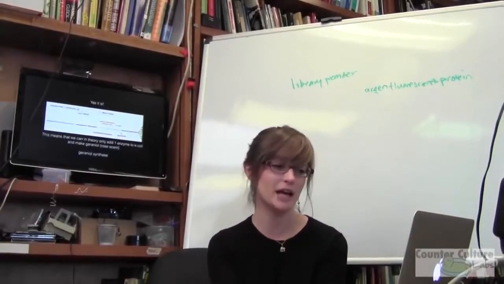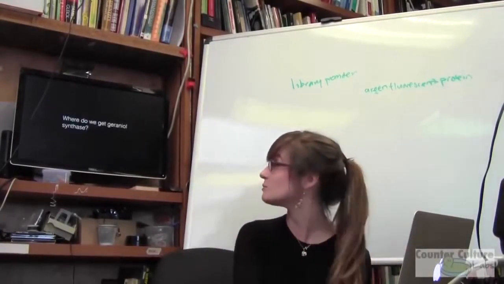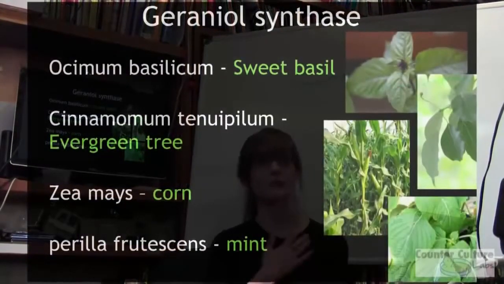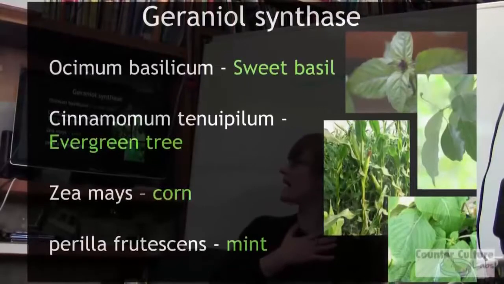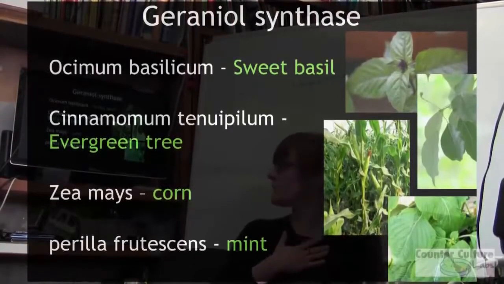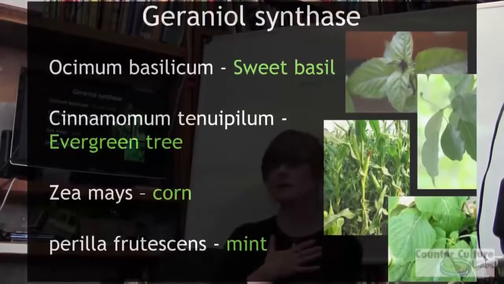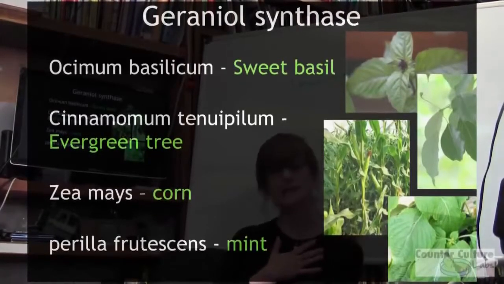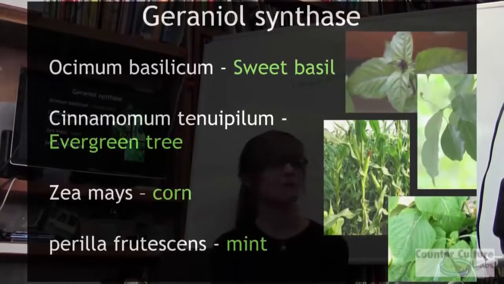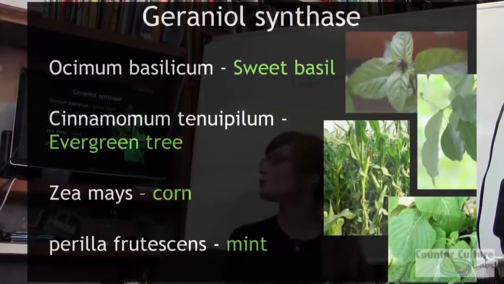So where would we get the geraniol synthase from then? The list that they had on the MetaCyc said that the geraniol synthase enzyme is present in sweet basil. It's also present in the evergreen tree, in corn, in mint. So a lot of these are commonly found at your local grocery store.